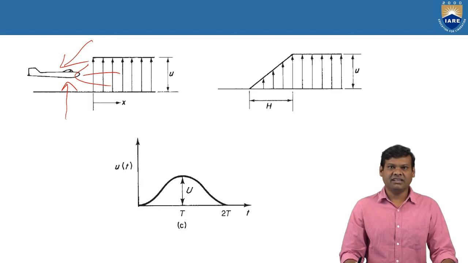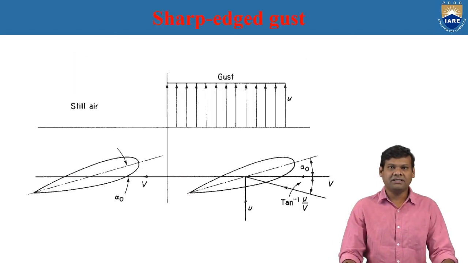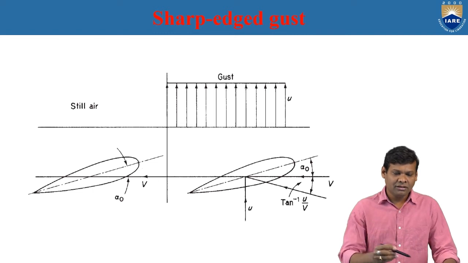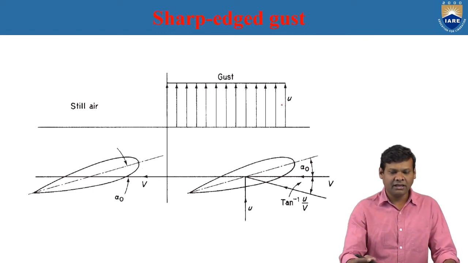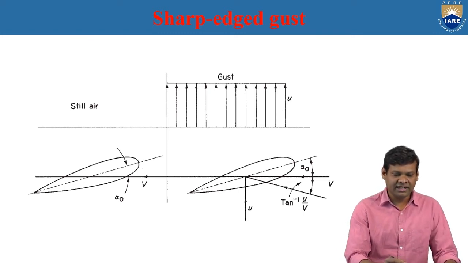What I would like to say is that, okay, now let us look into the sharp edge gust, how the airplane behaves when it encounters a sharp edge gust. Now let us consider the airplane velocity as V and the gust velocity as u.